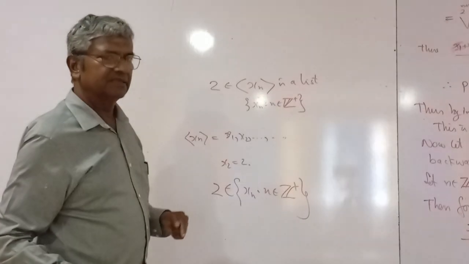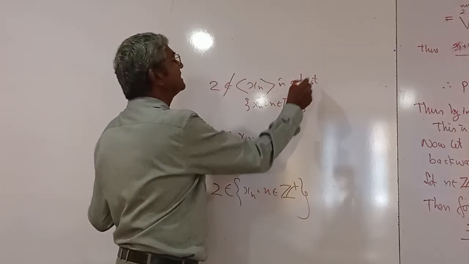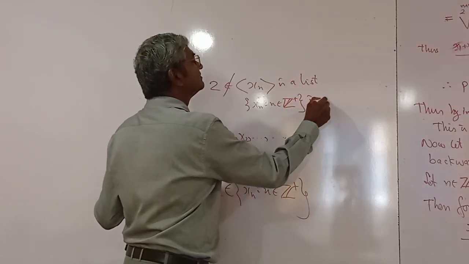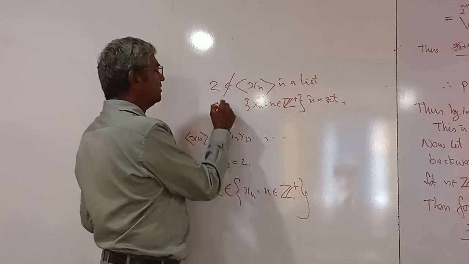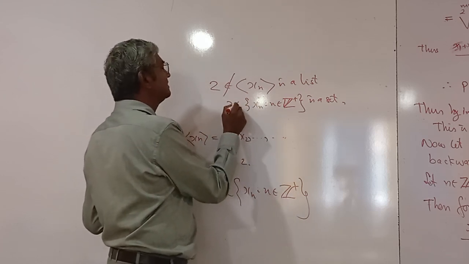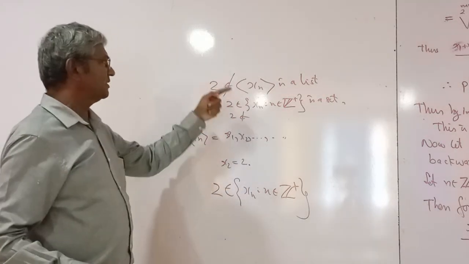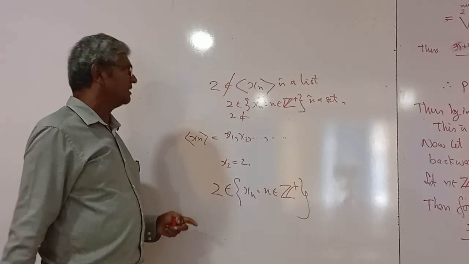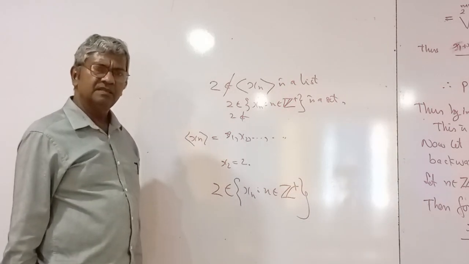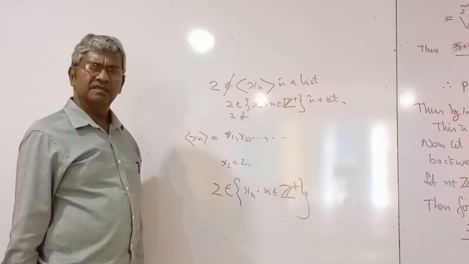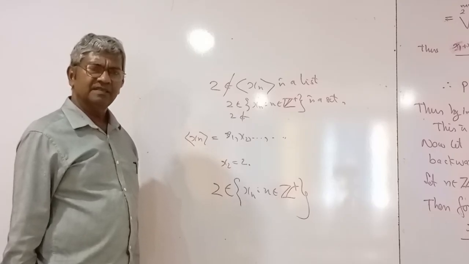Exactly. This is a list, this is a set. So you can say 2 belongs or 2 doesn't belong to the set. For the sequence, you cannot.